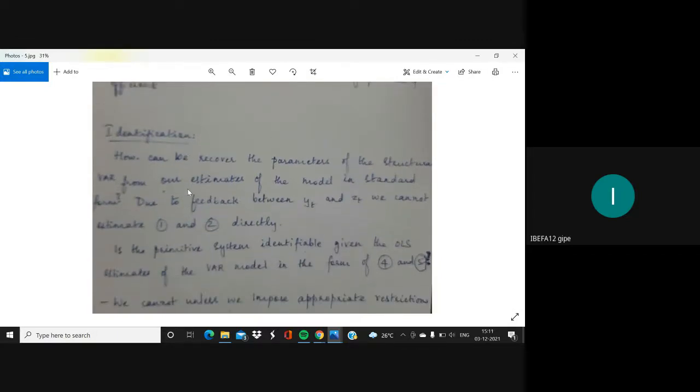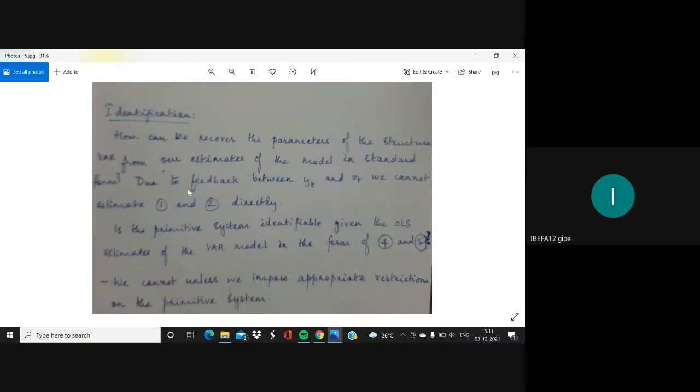Now we come to the problem that I had mentioned earlier, that when we actually try to estimate the VAR model, we are still going to have a certain problem that we will come across. So what is that problem? This is known as the problem of identification. Since we transformed our VAR model, put it in a standard form, what we would ideally want to do is try and find out the values of the parameters that are there in our structural model.